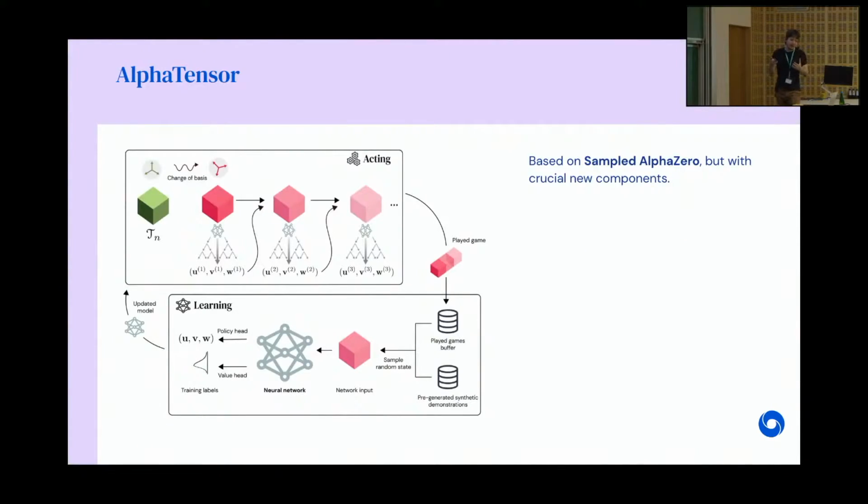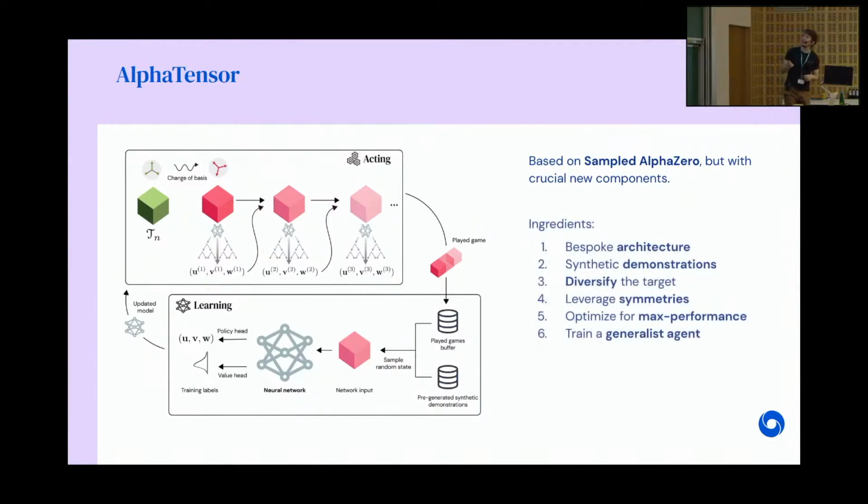So the way we tackled this more difficult game was to build a system called AlphaTensor, which is an extension of AlphaZero, which has some key new components that I will talk about later, which allow the system to tackle these much more challenging games. But for now, just the high-level overview of the system.